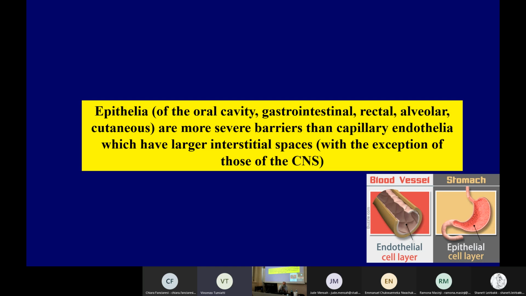What about the epithelia? Epithelia of the oral cavity, gastrointestinal, rectal, vaginal, cutaneous, are more severe barriers than capillary endothelia. Yes, you know. The epithelia should defend our intestine from external, exogenous bacteria and so on, exogenous attack.